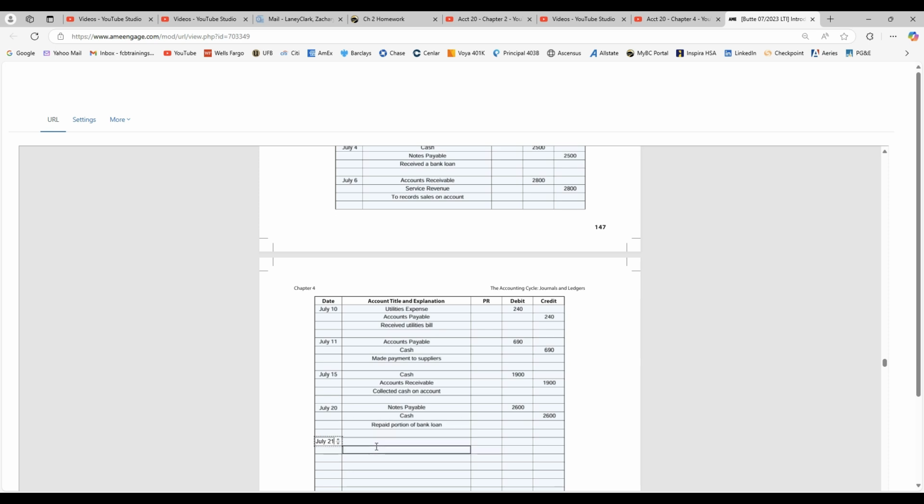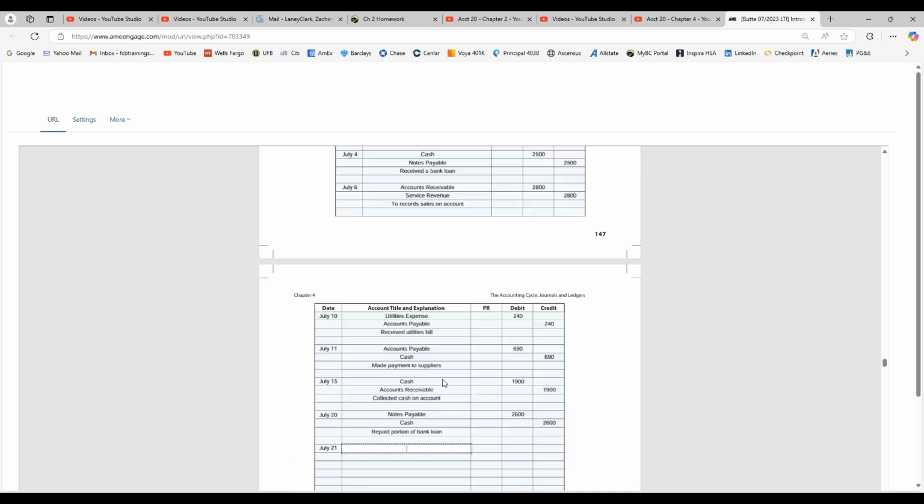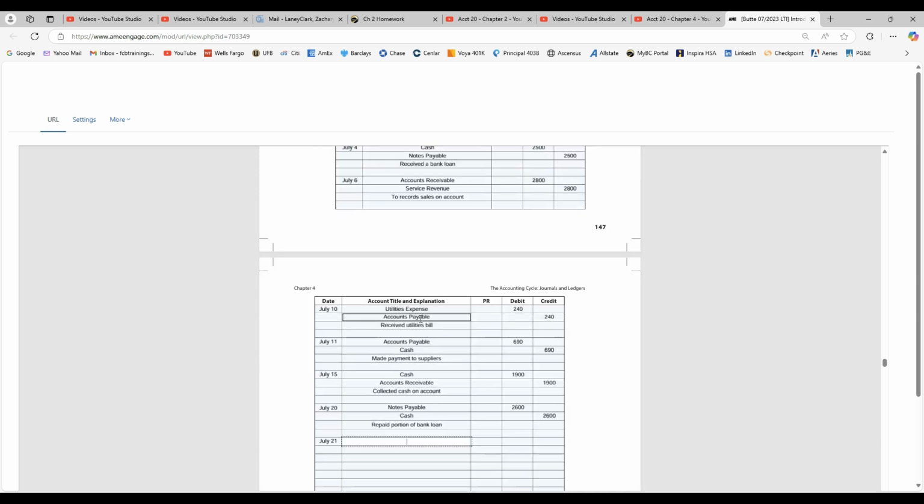Okay, July 21st, we got paid the amount owing from July 10th. So July 10th was the $240. So we've got it right here. So this was kind of step one of this two-part transaction. And now we originally booked the payable to be kind of a placeholder until we actually made the payment.